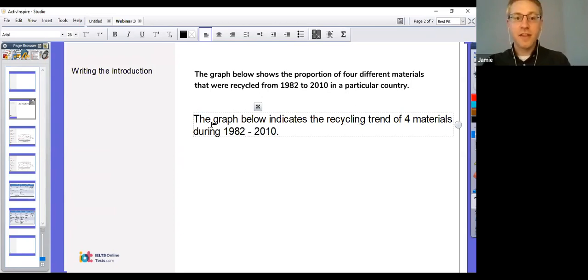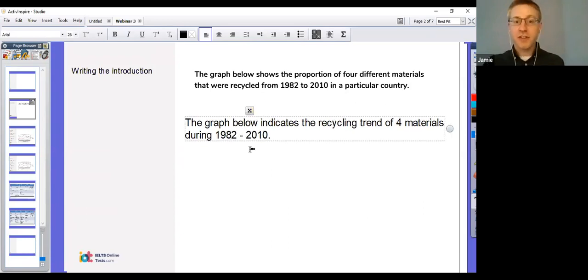Okay, excellent. This is a very good attempt at paraphrasing, John. I like the fact you've used a different word. The graph below indicates the recycling trend of 4 materials during 1982 to 2010.